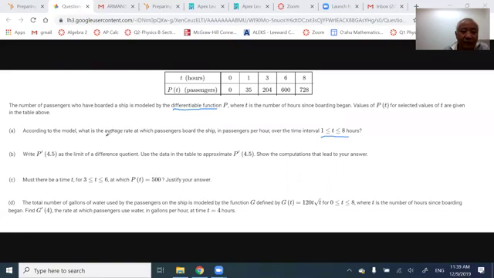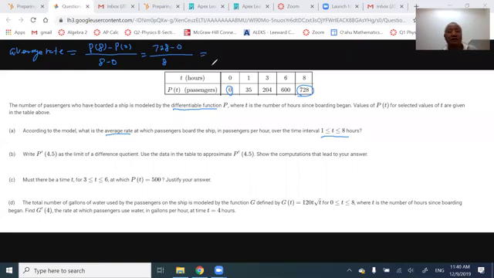The average rate equals P8 minus P0 over 8 minus 0, right? That's the definition of average rate. So the total change in passengers from 0 to 728, right? So this is 728 minus 0 over 8 minus 0, just 8.